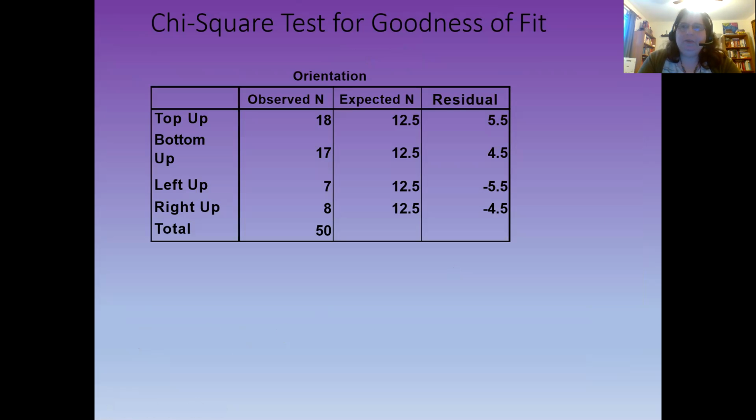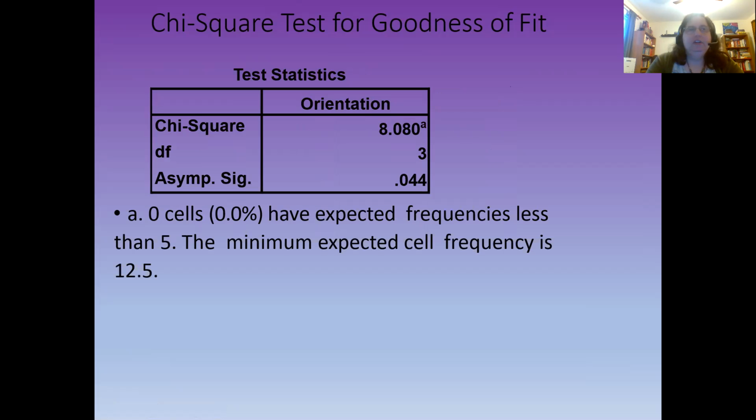Now let's go to SPSS, what we're actually interested in. Here we see the observed Ns given to us, the expected Ns, and a residual, the difference between these two. We get our chi-square, 8.080.